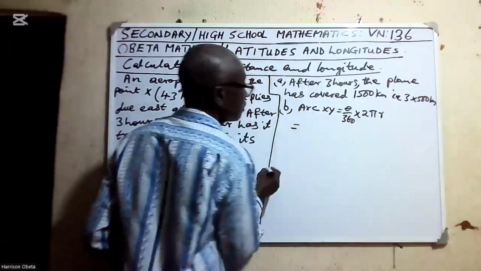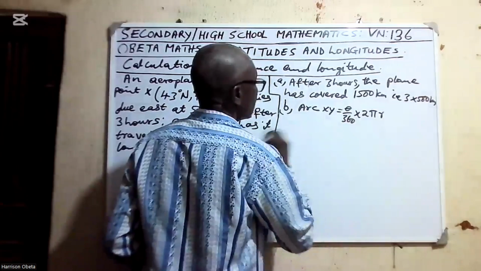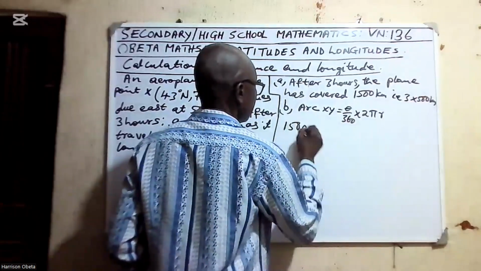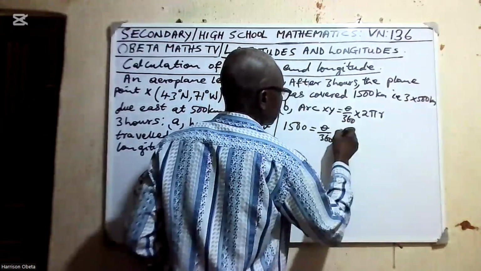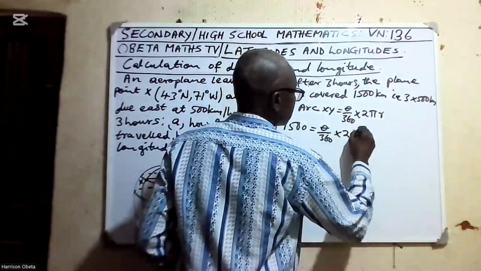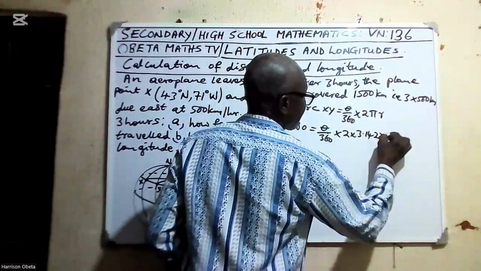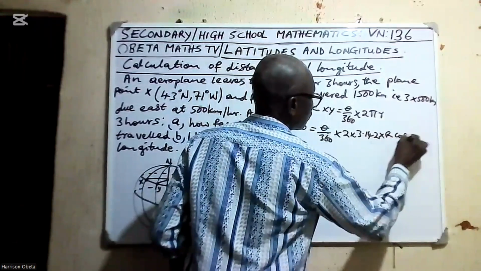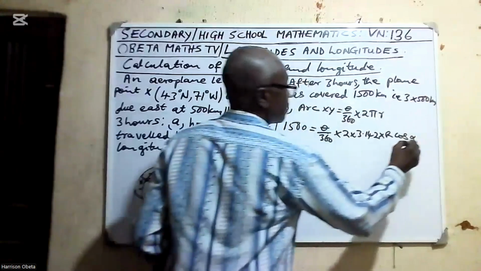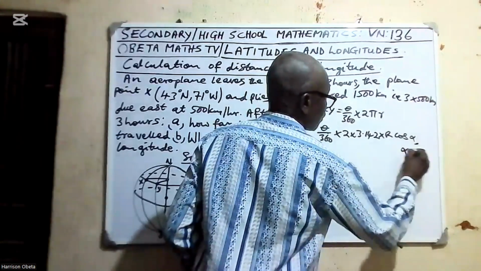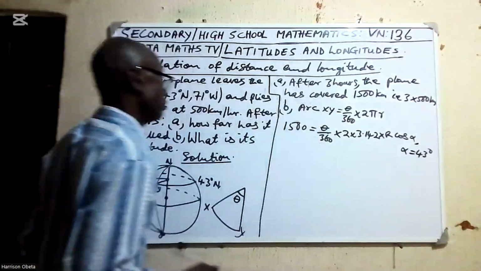And this will give us 1,500 equal to theta over 360 times 2 times 3.142 multiplied by capital R cos alpha. Remember that here, our alpha should be equal to 43 degrees.